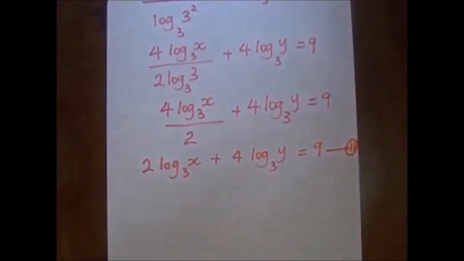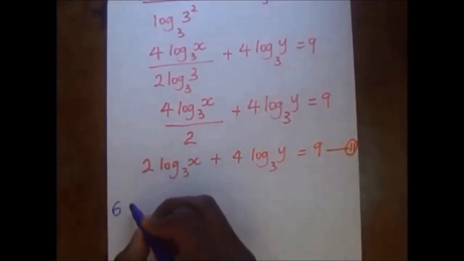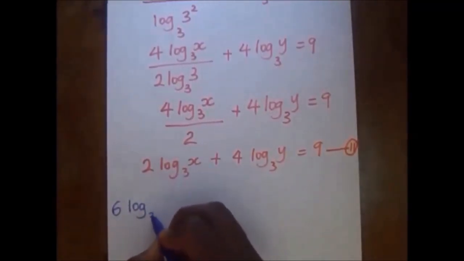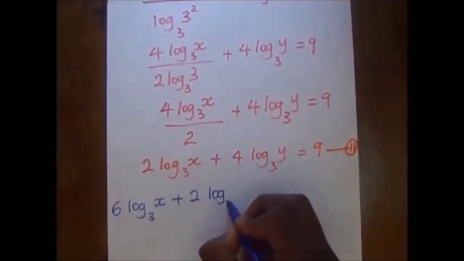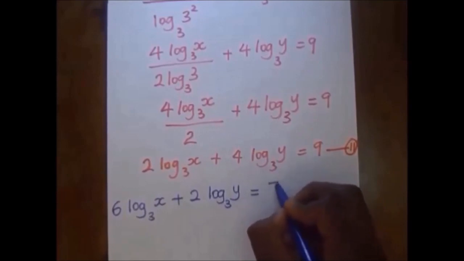So after modifying our two equations into the first equation and the second equation, now we are supposed to simplify them. Let's first analyze the two equations. The first equation is 6 log base 3 of x plus 2 log base 3 of y is equal to 7.